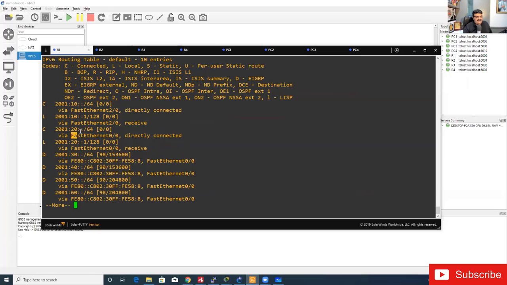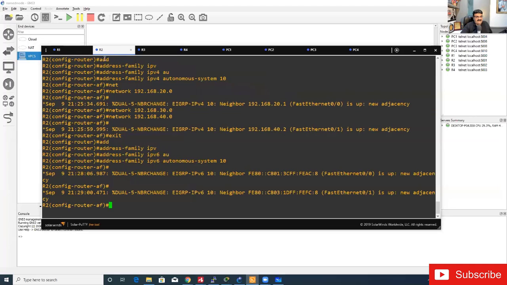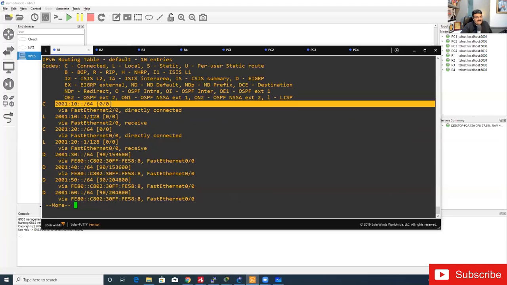Now my question is, I don't want this 10 network to be advertised. I don't want it in the routing table of R2, R3 or R4. By default it is advertising, but I don't want that.